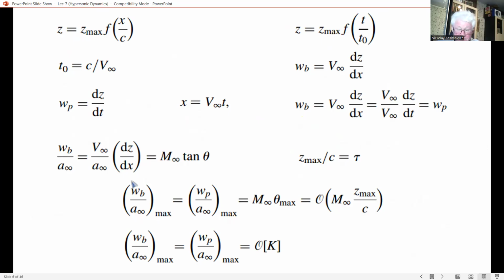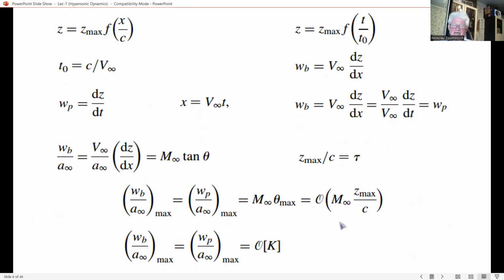W_B over a infinity at maximum will be the same as W_P over a infinity at maximum, which gives Mach number infinity times tau, or theta maximum, and this gives this expression of the order function.